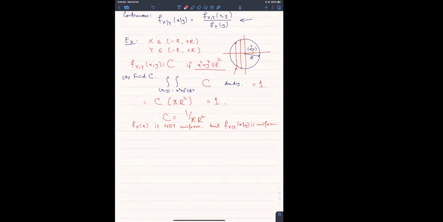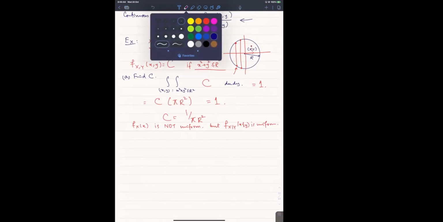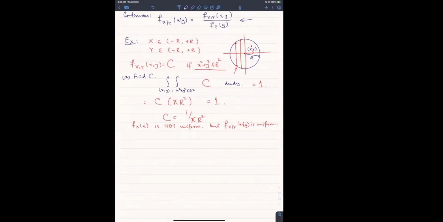I will give you one more example of conditional PDFs. So let's say you are given a joint PDF f x y of x y is equal to e to the minus x divided by y, e to the minus y divided by y.